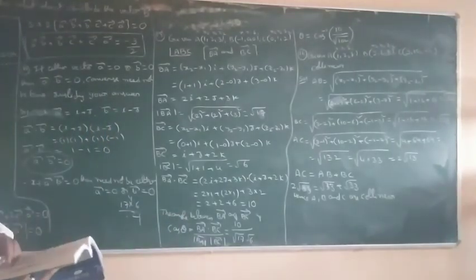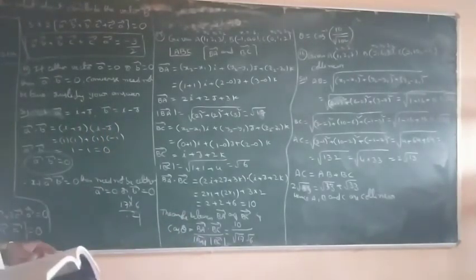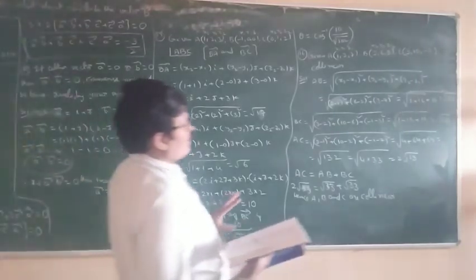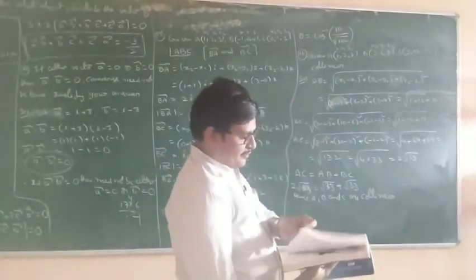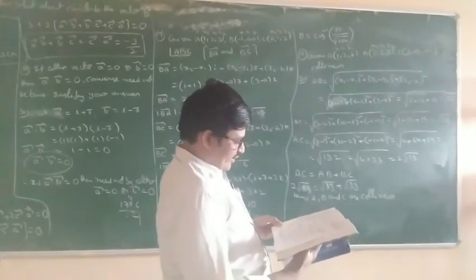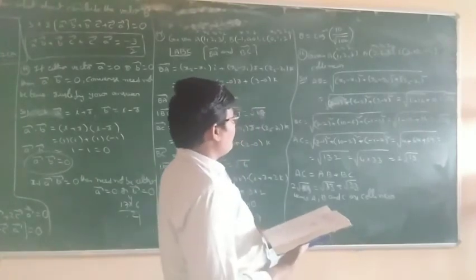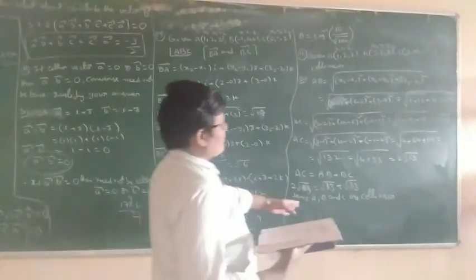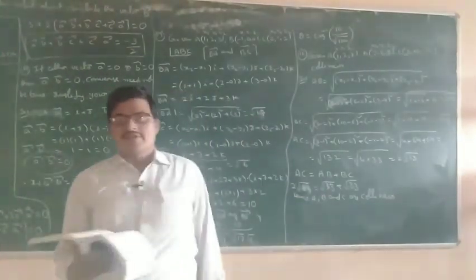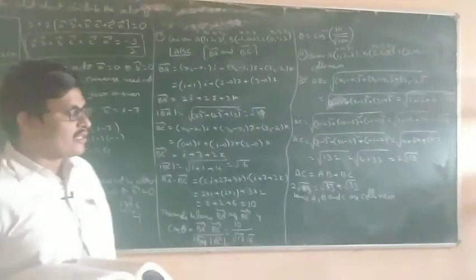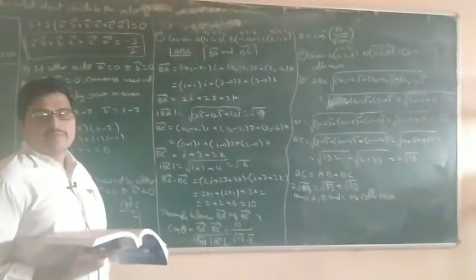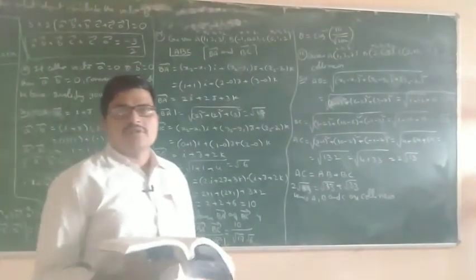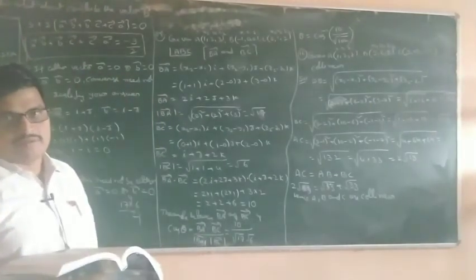Right angle triangle means we find the distances AB, BC, AC also. In a right angle triangle, we apply the Pythagoras theorem. What is the Pythagoras theorem? Hypotenuse square is equal to base square plus perpendicular square. Okay.